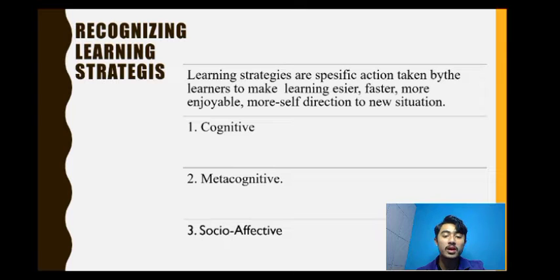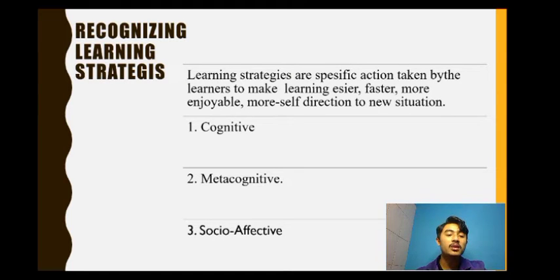In other words, they can be behavioral or mental, such as using a synonym or situational context to infer the meaning of a new word. Strategies can make learning easier, faster, more enjoyable, more self-directed, more effective, and more transferable to new situations. Learning strategies are divided into 3 types: cognitive, metacognitive, and socio-affective.